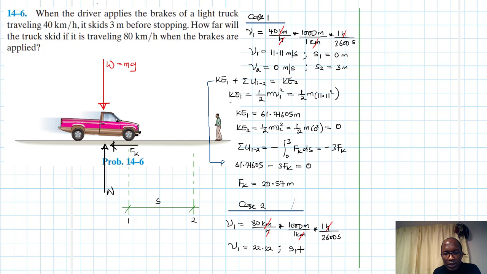Our S1 here will be equal to 0. Our V2, since this vehicle comes to a stop, will be 0, and our S2 is just equal to S. That's what we are looking for.